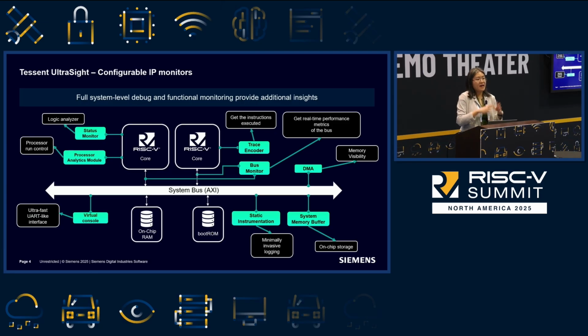For example, we have monitors that work closely with the processor, for example obtaining processor traces, but we also cover a range of monitoring bus transactions. We have logic analyzer capabilities in an IP that we call status monitor. We also provide visibility into the memory in the SoC itself. We also have IPs that can help with minimally invasive logging mechanisms as well.